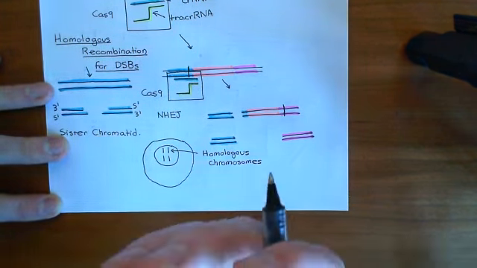Now, then the concept of sister chromatids. Sister chromatids occur in cells which are about to divide. So if this cell is about to divide, then it needs to copy every single one of its 46 chromosomes, because it's going to now divide into two cells, and each of these daughter cells needs to have a copy of every single one of the 46 chromosomes.